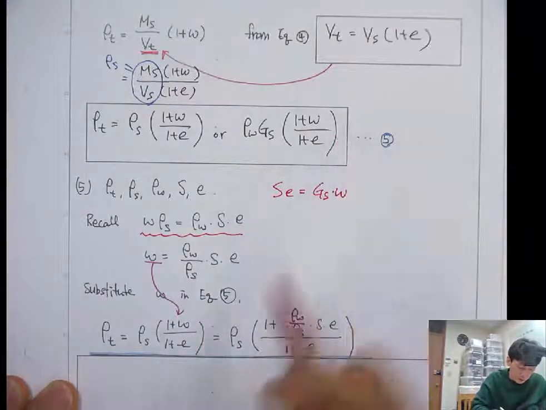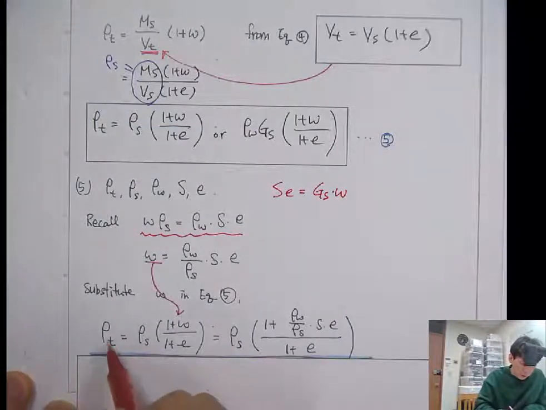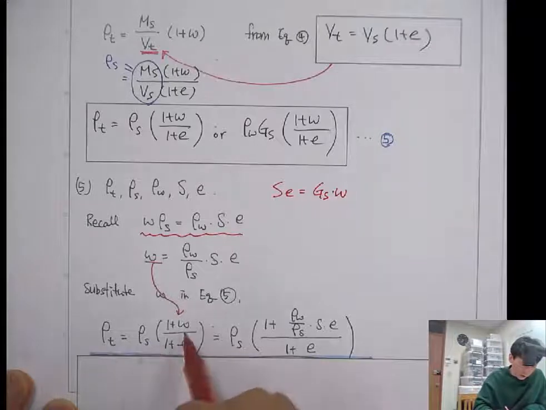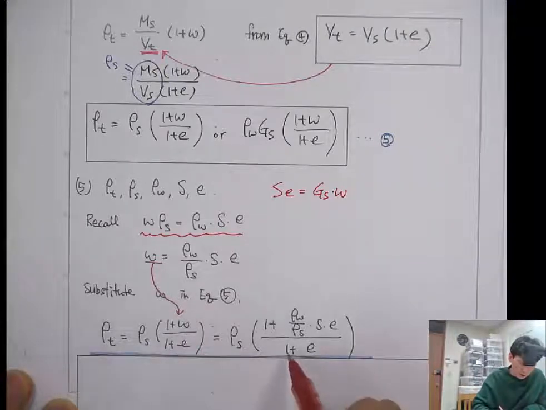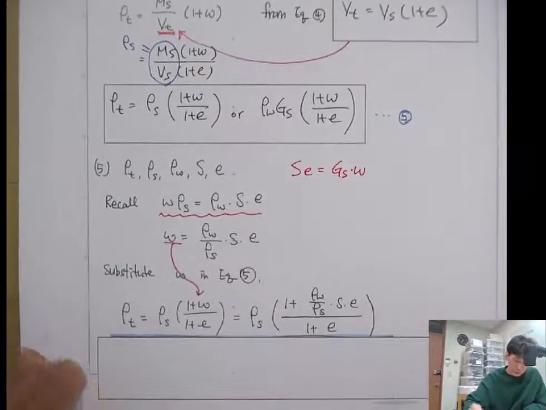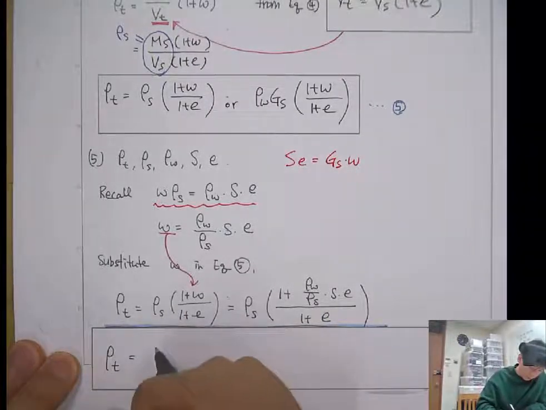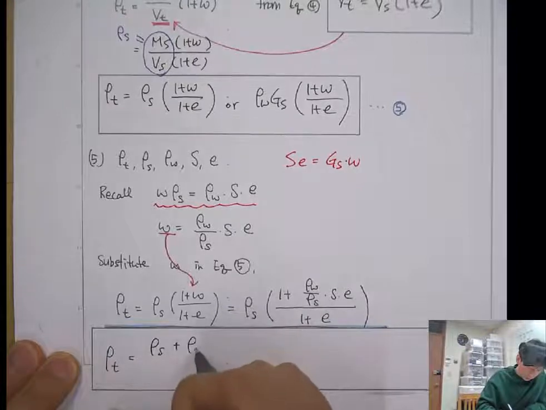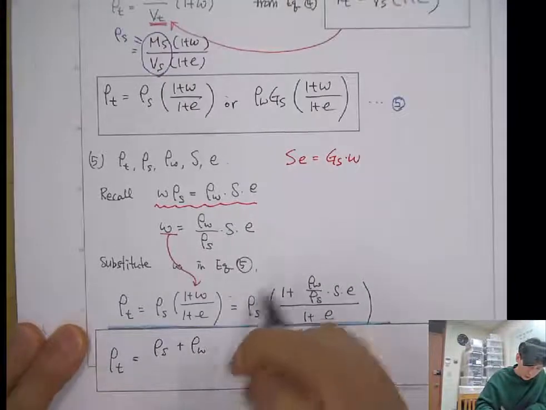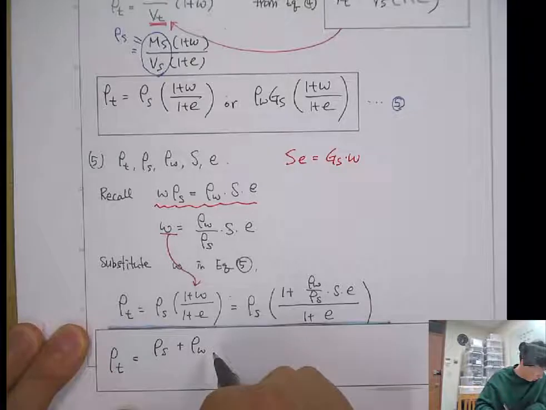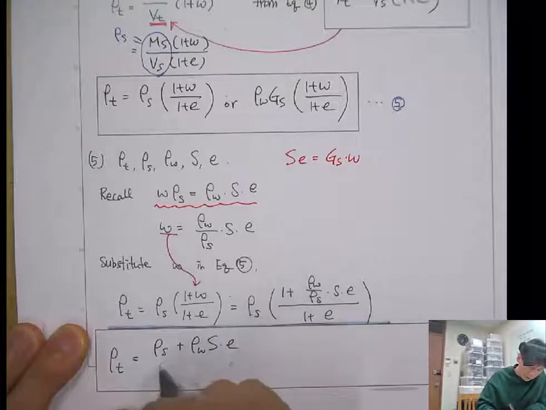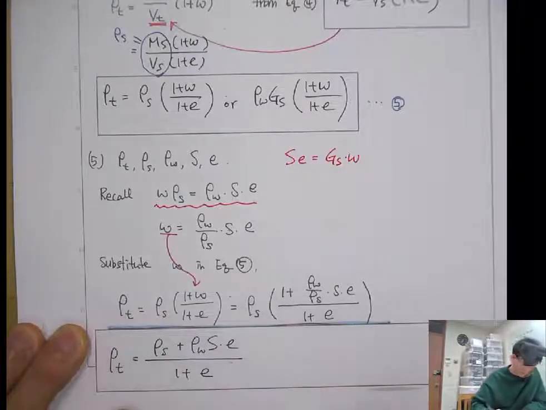Equation 5 is the total density expressed as a function of rho s, w, and e. Then this becomes rho s times 1 plus rho w over rho s times S e, over 1 plus e. So then if you simplify, rho T is rho s plus rho w times S e over 1 plus e.